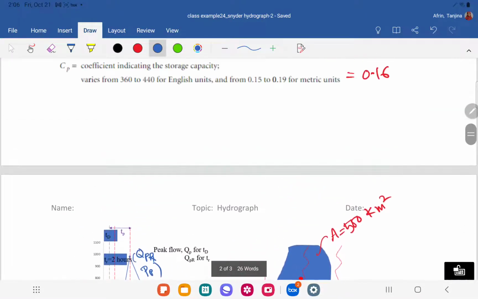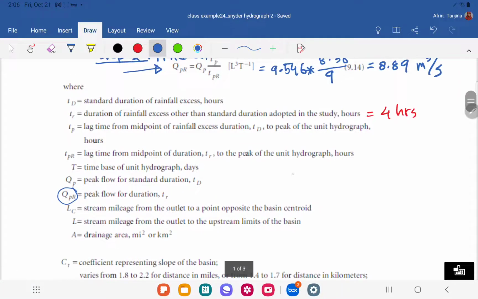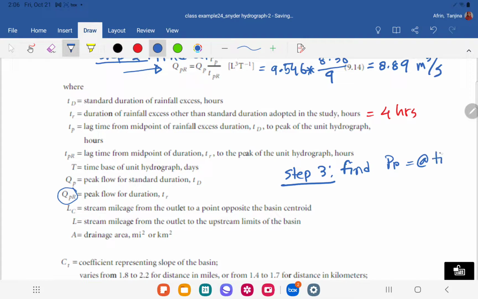Okay, so we'll say our step 3, find the PR at which time QPR will be achieved. So how can we calculate that?